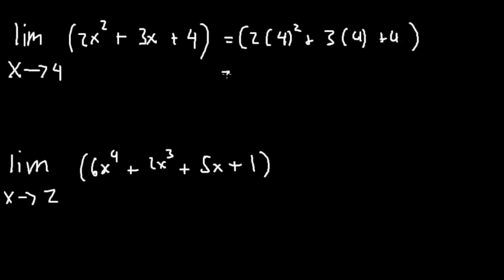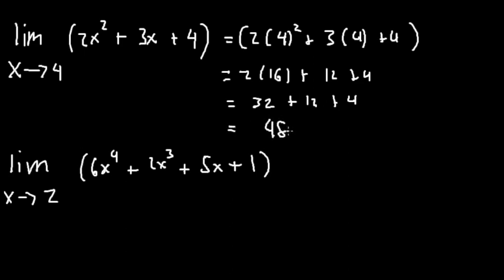So it's gonna be 2 times 16 plus 12 plus 4. So 16 times 2 is 32 plus 12 plus 4. So 32 plus 12 will be 44, plus 4 is 48. So the limit of this function as x approaches 4 will be 48.